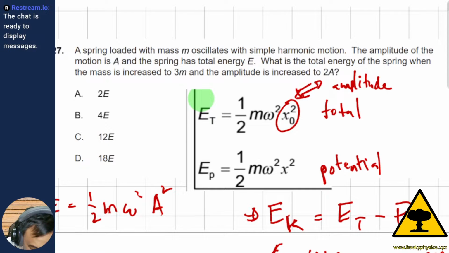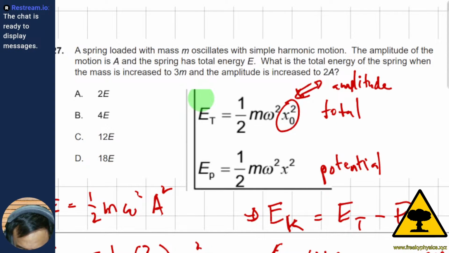Let's label that E. Then let's label the second energy E nu. That's going to be 1/2, the mass is now 3m. Then omega, the frequency. Here's the thing. That's not going to change.